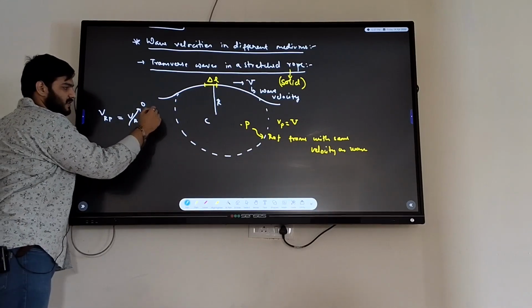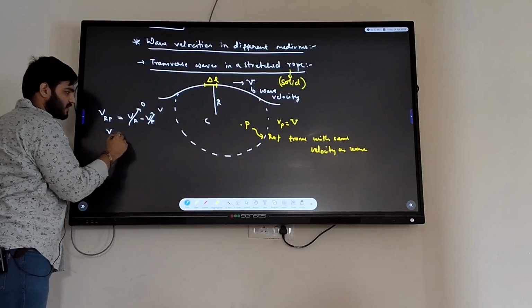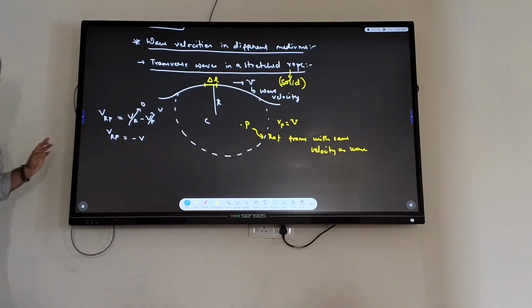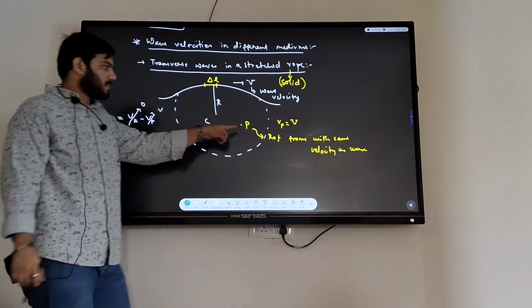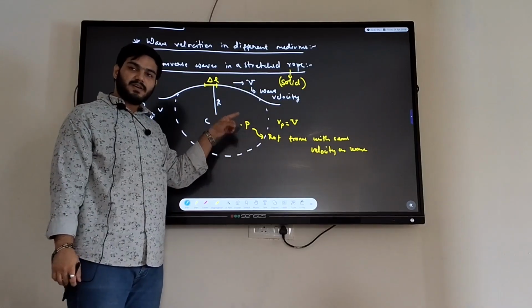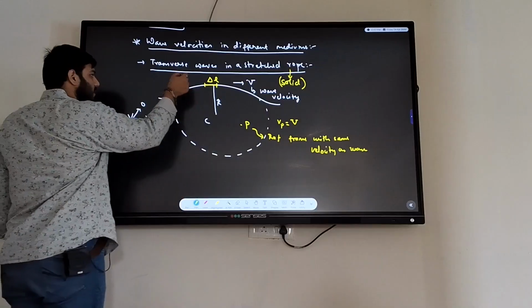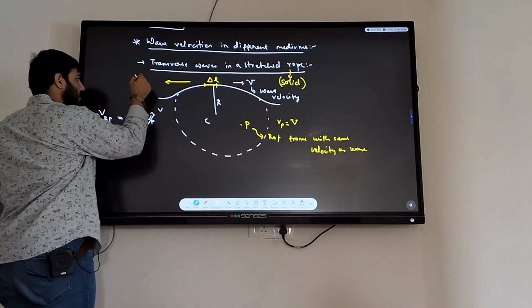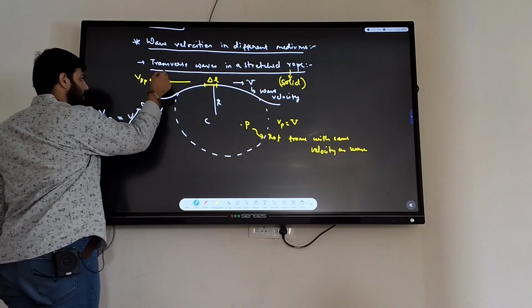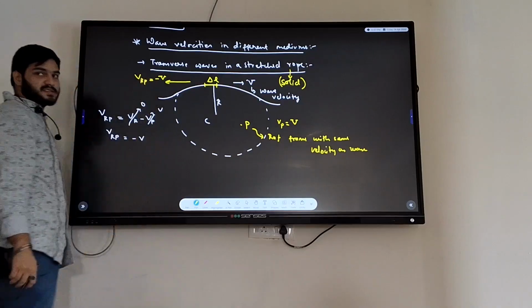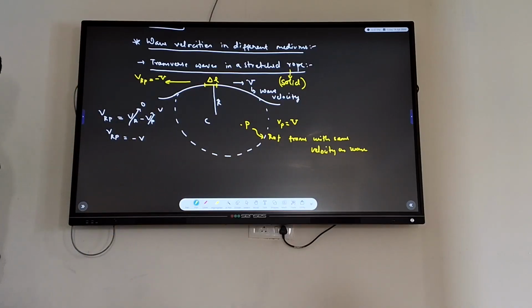It's V. So what is VRP? With respect to this observer, it looks as if the rope is moving in the opposite direction with the velocity v. VRP is equal to minus V, with respect to person B.